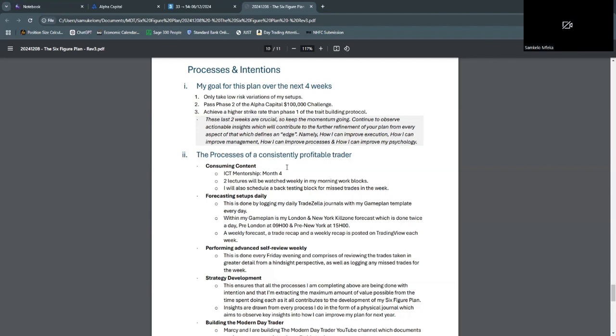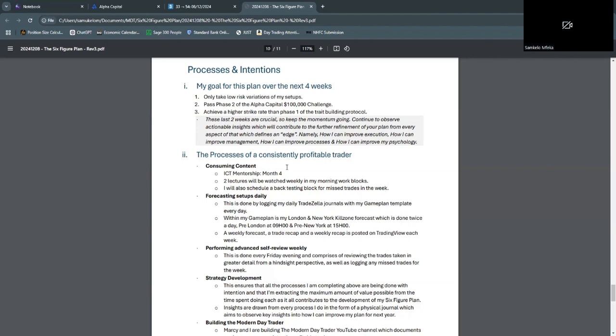I just think knowing that I'll naturally be taking fewer setups because I'm only taking lower risk variations, there may be fewer trading opportunities, but that may provide setups with higher profit potential. So again, I don't know. Hence, I've left it on here because I can pass phase two of the Alpha Capital $100,000 challenge in these last 2 weeks. It only takes a couple of setups. So we've left that on there. It's a clear intention of what we're still working towards.